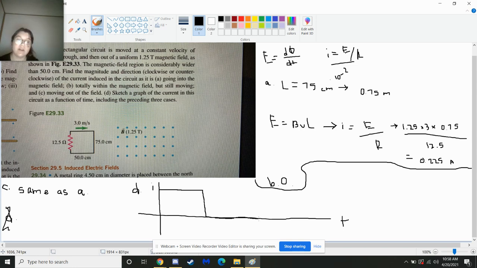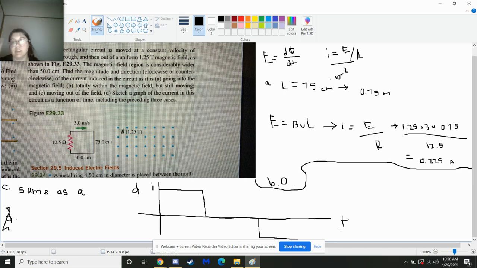Once we're moving out of the field, since we're going counterclockwise, we're going to be down here. You can kind of see this is almost like a reflection of sorts.